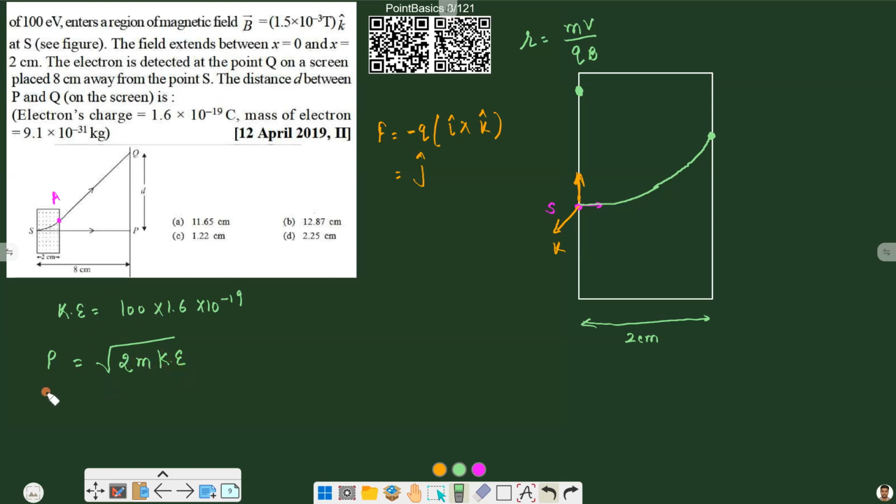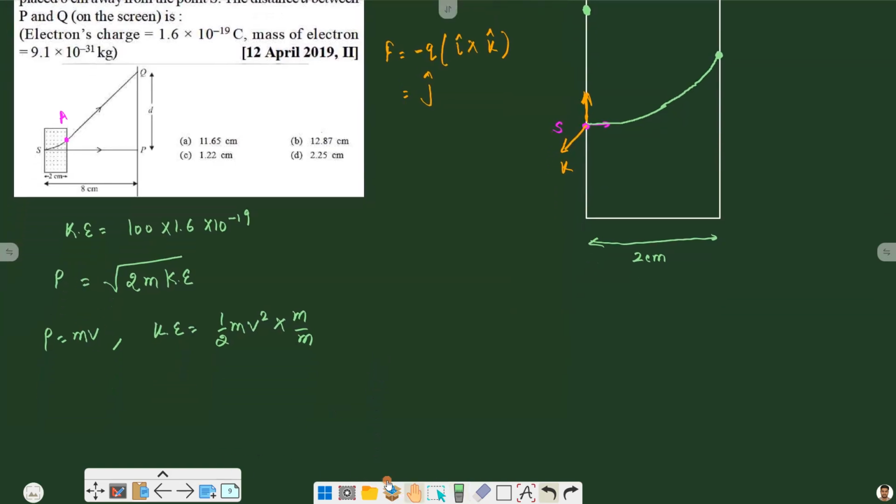We can also form this relation as P is equal to mv, and kinetic energy is equal to half mv square, multiplied by m divided by m. So we will have half m square v square divided by m, which is P square by 2m. So momentum square is equal to 2m times kinetic energy, or momentum is under root 2m times kinetic energy. Using these values, we can calculate the radius.